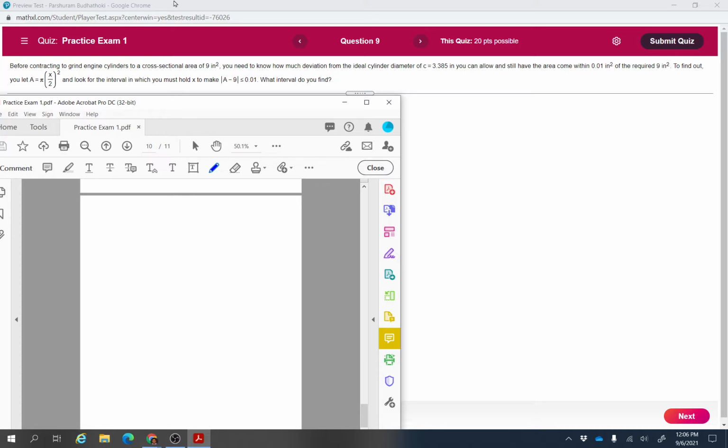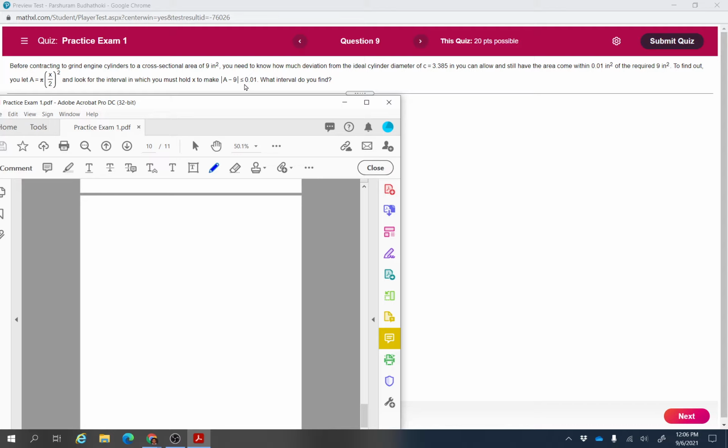The area can be found using the formula pi times x over 2, squared, and look for the interval in which you must hold x to make this work.